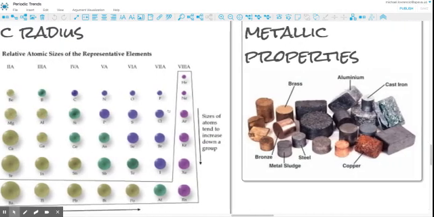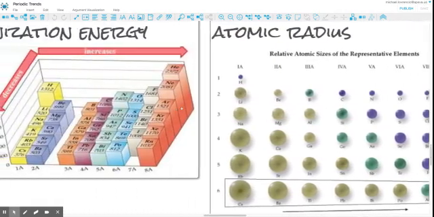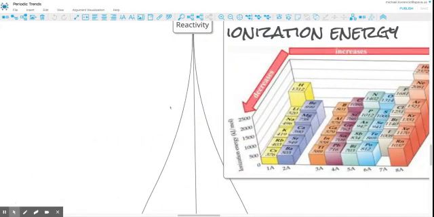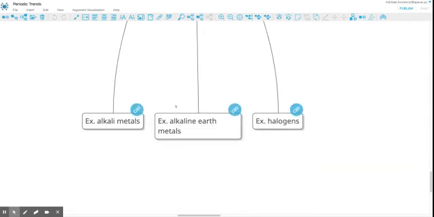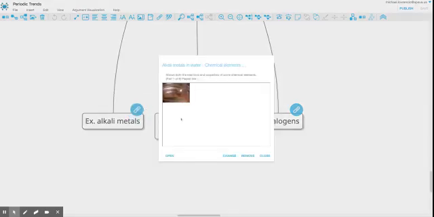Now, a couple of other things we'll see. If we look at reactivity in a group, we'll see that there are some trends in reactivity, as we talk about the alkali metals.